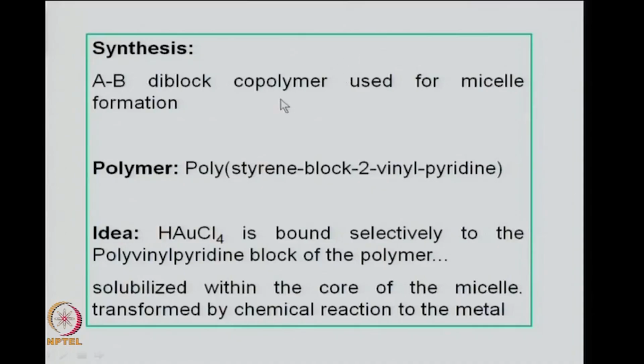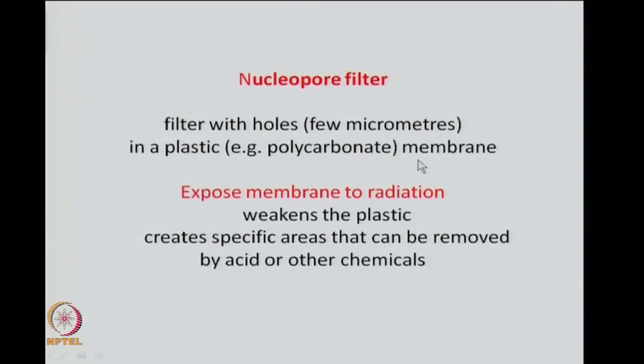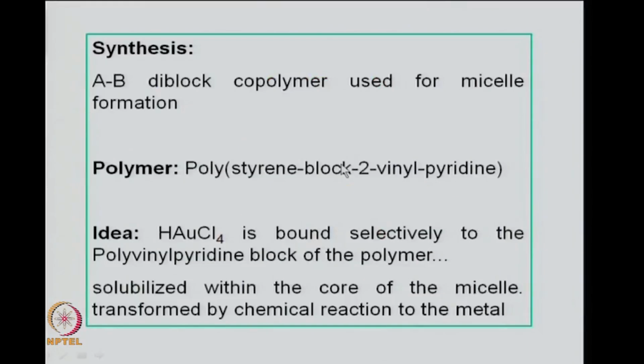In this case the block copolymer has two parts, a polystyrene part and a 2-vinyl pyridine part. The styrene part and 2-vinyl pyridine have different hydrophobicities, and so one of the parts, the 2-vinyl pyridine, which is more polar, forms the head group and arranges close to itself.